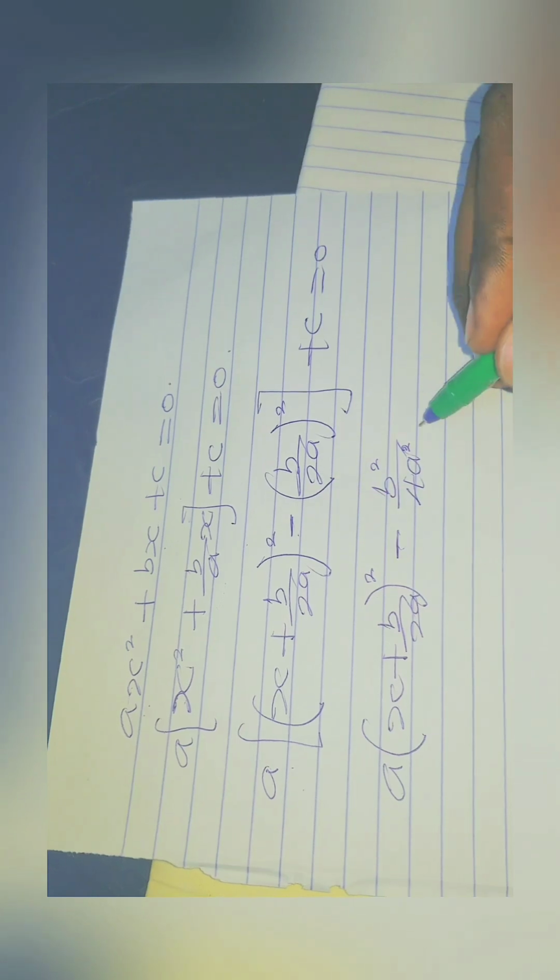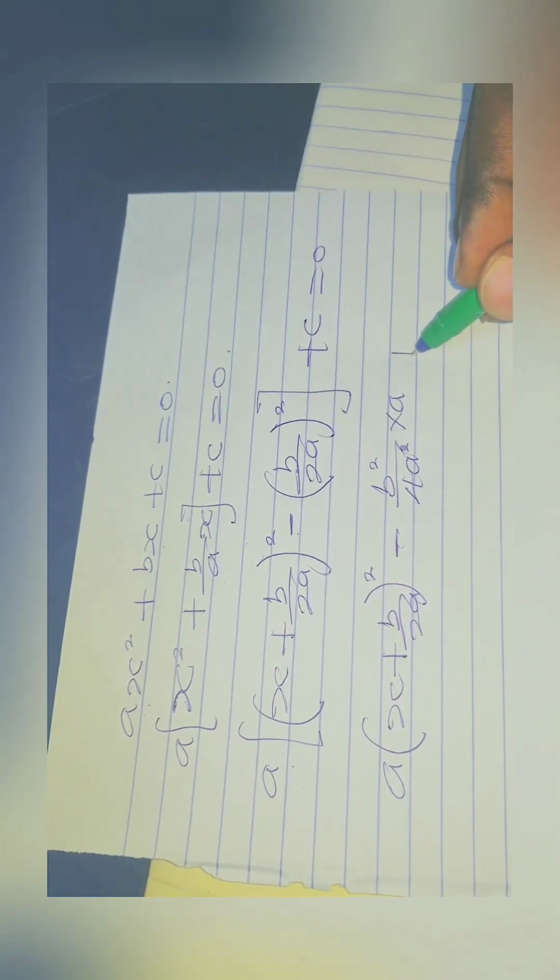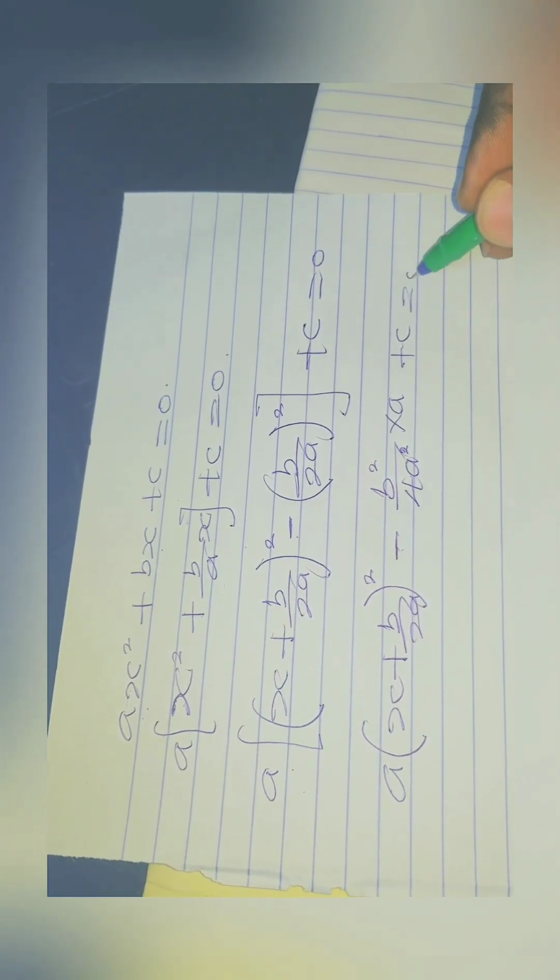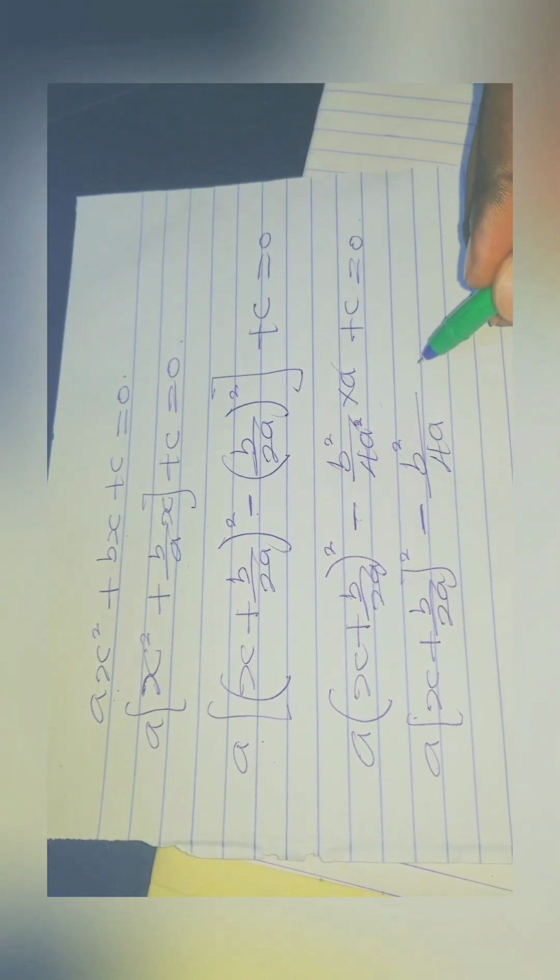Then a times this becomes times a. And then we still have plus c left equal to 0. And then we have a in a bracket x plus b over 2a squared minus b squared over, of course, 1a will reduce one of these, so we're left with 4a here, plus c equal to 0.